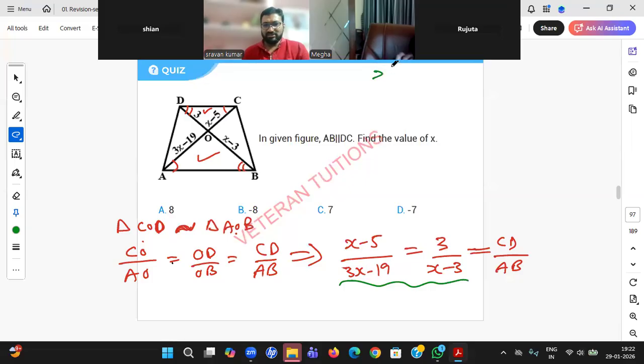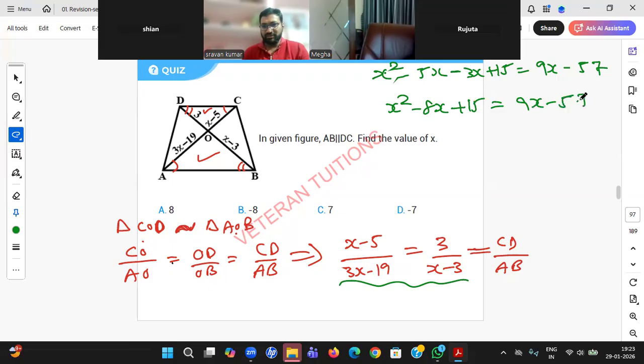X square minus 5x minus 17x plus 72 plus 15 equal to 9x minus 57. X square minus 8x plus 15 equal to 9x minus 57.